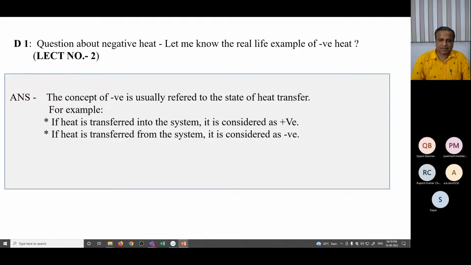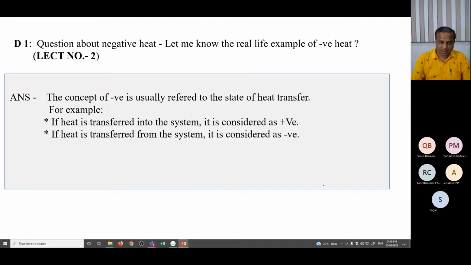As you know, the quantities positive or negative with respect to work or energy interactions have certain standard assumptions.